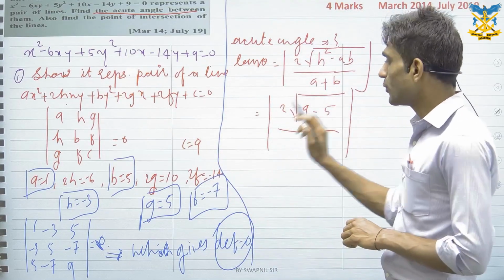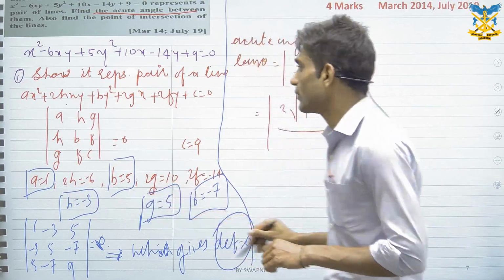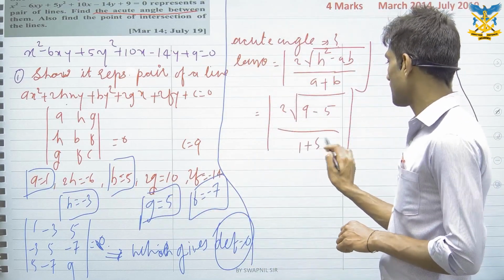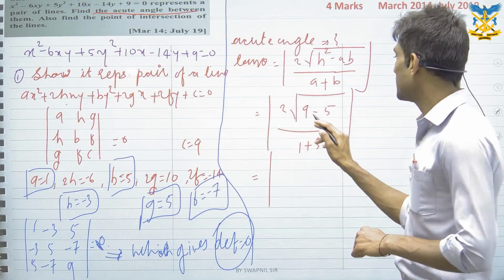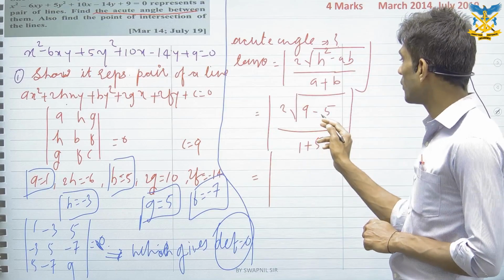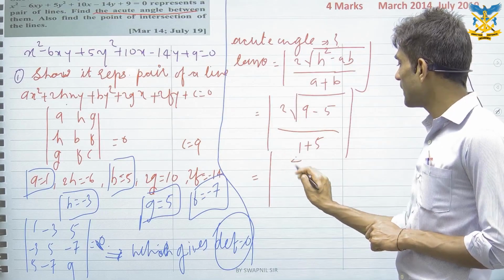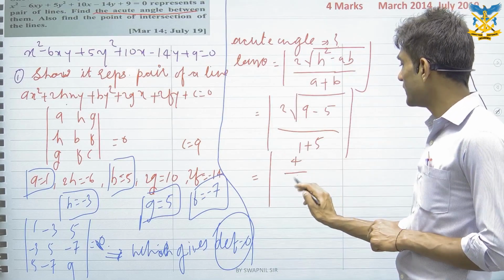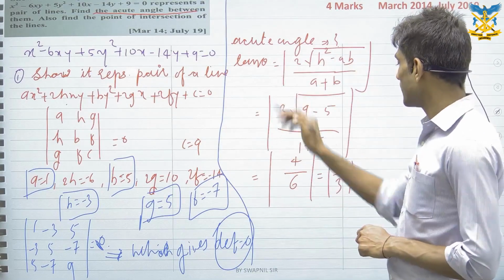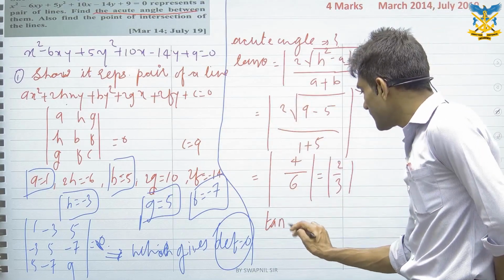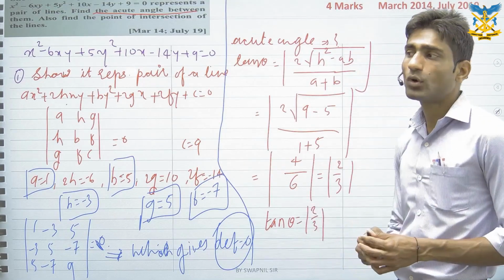So 9 minus 5 gives us 4, and the square root of 4 is 2, so 2 times 2 in the numerator, which is the value 4, and 1 plus 5 which is 6. So we write it as 2 by 3. So we got the value for tan theta, which is the modulus of 2 by 3.